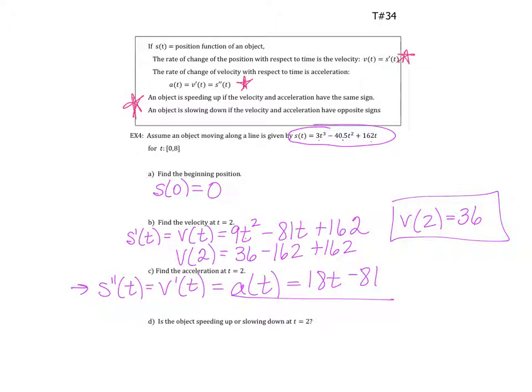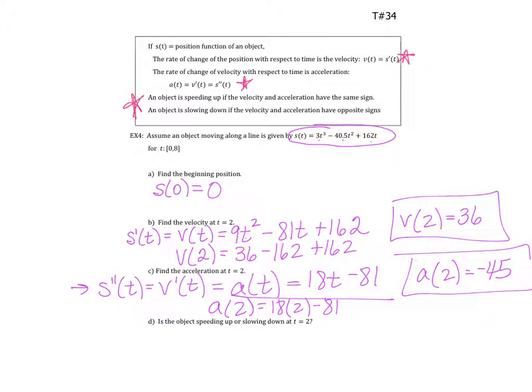If you went straight to a of t is 18t minus 81, they'd give you credit. I'm just writing that since it's our first time to talk about it, so you get it in your head. Acceleration is the first derivative of velocity, or the second derivative of position. And likewise, a of 2 would be 36 minus 81. So I have a of 2 being negative 45. That's my answer for part C.